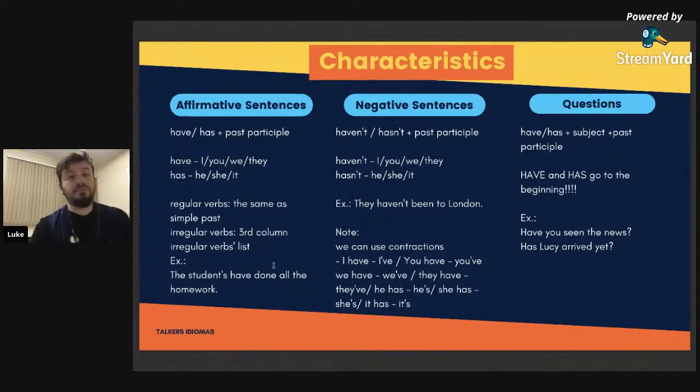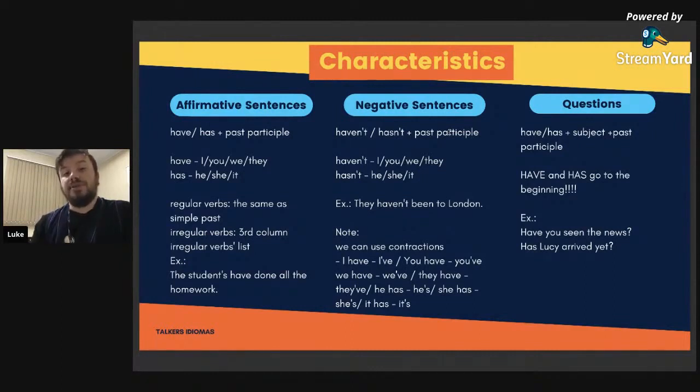Okay? The negative sentences. Now we just have to change the auxiliary. We are going to have haven't and hasn't and then past participle. This is one of the main differences between the present perfect and the simple past. Because in the simple past, in negatives and questions, we do not need to change the verb.